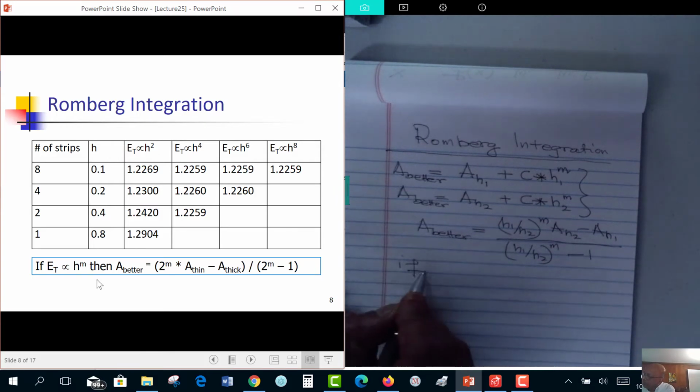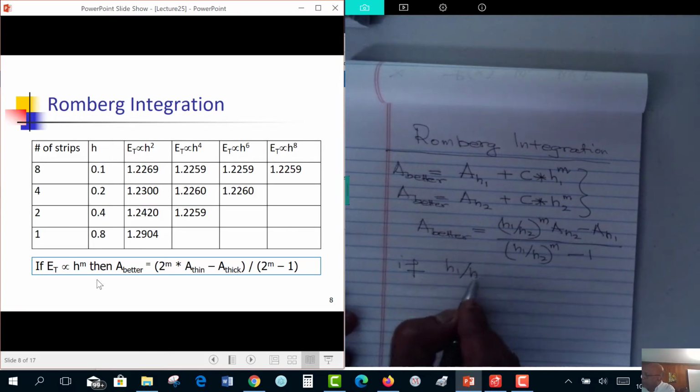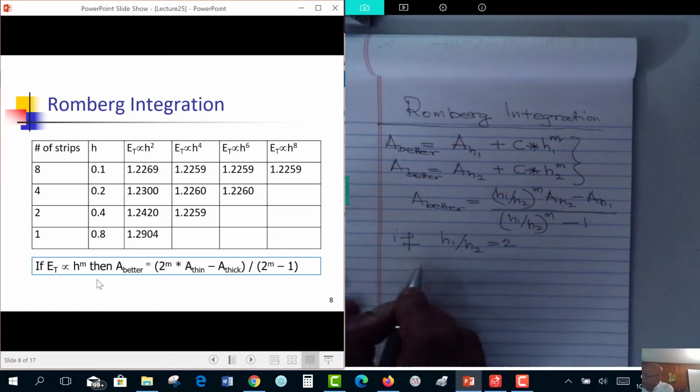So if we assume that h1 over h2 is equal to 2, now our formula simplifies.